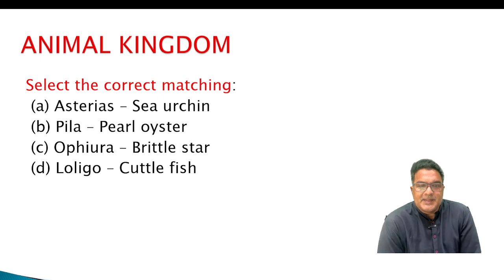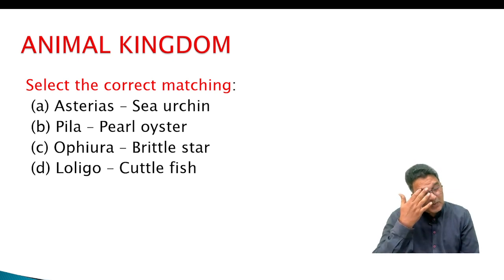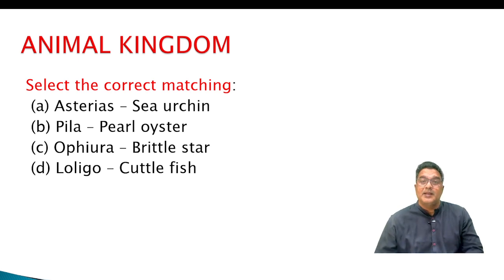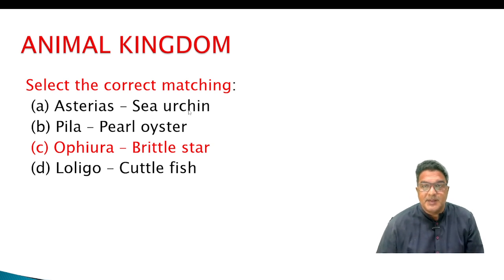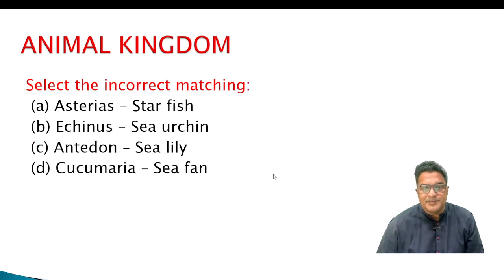Select the correct matching. Asterias, sea urchin; Pila; Pinctada, Pearl oyster; Ophiura, brittle star; Loligo, commonly called squid. Asterias is starfish, not sea urchin. Pila is apple snail. Loligo is squid. Sepia is cuttlefish. So only one correct answer: Ophiura, brittle star. Select the incorrect matching.